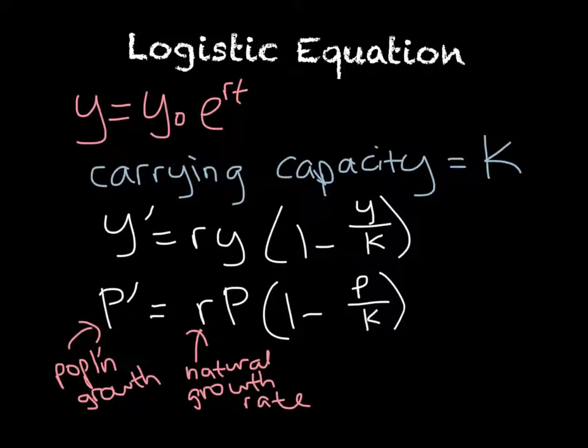Note that this r for any population is the same as the r that you would find with the exponential equation, meaning that this is the growth rate if there were no carrying capacity and no limit on the way that the population could grow. Again, P here is population, and K is carrying capacity.